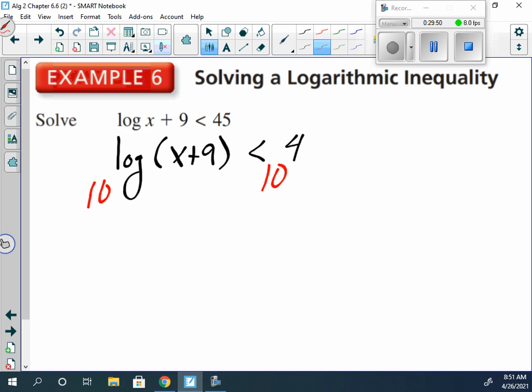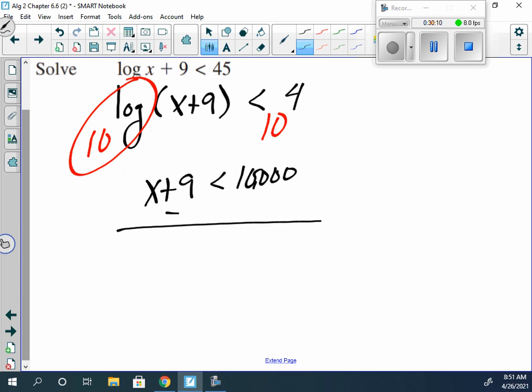We can set both of them to the 10. It is less than 10 to the 4th, which is going to be x plus 9 is less than 10,000. Then we would subtract 9 from both sides. x is less than 9,991.